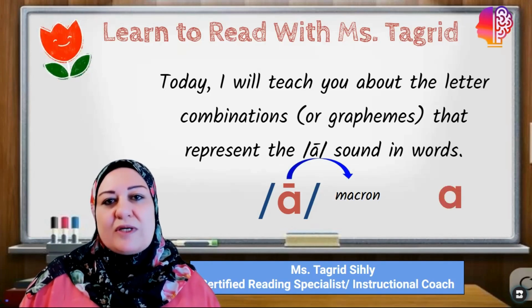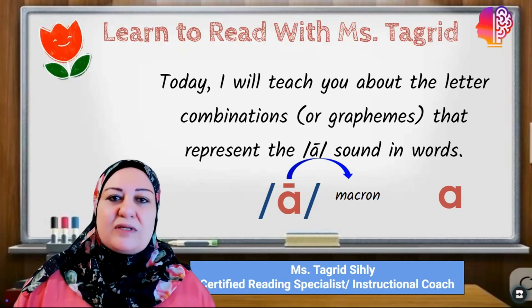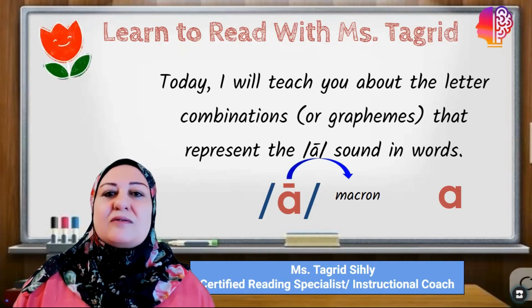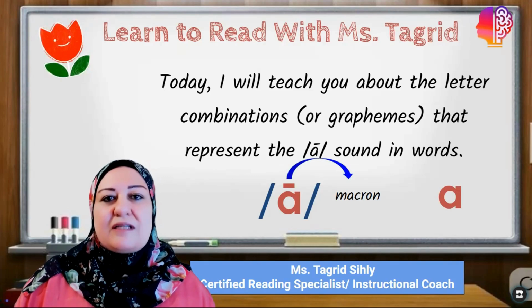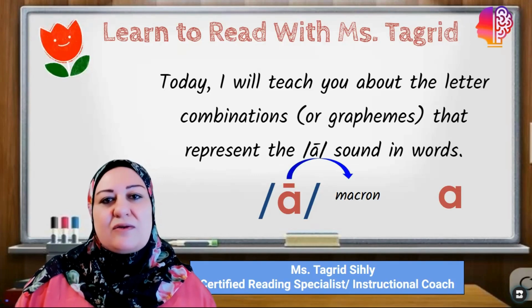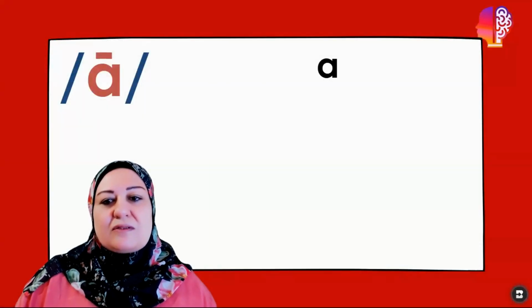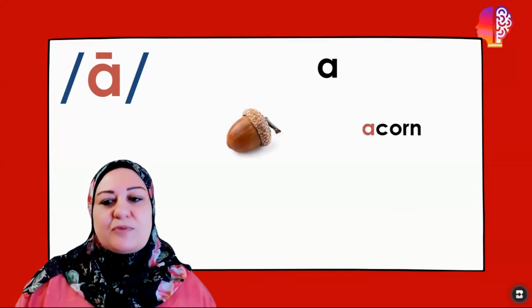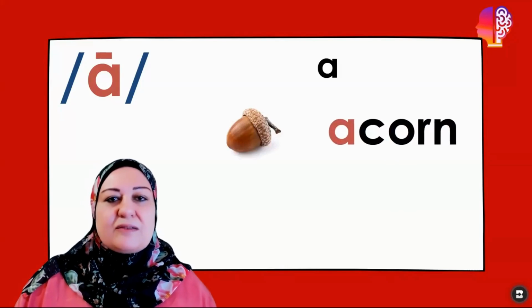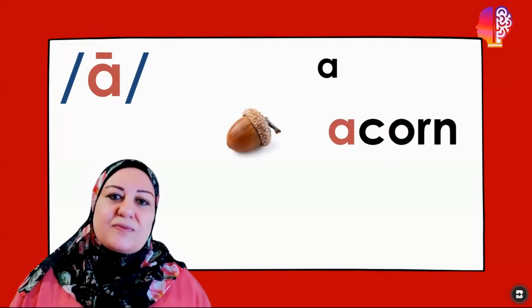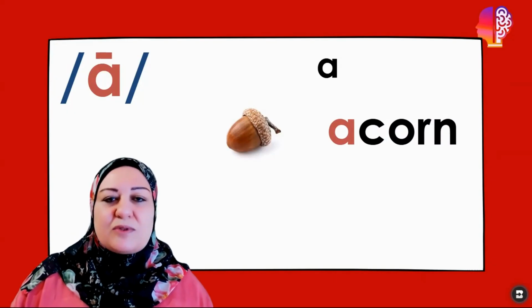So one way that we represent the long A sound is with the letter A. The letter A can be used to represent the long A sound, as in the word acorn. Acorn is a 2-syllable word.